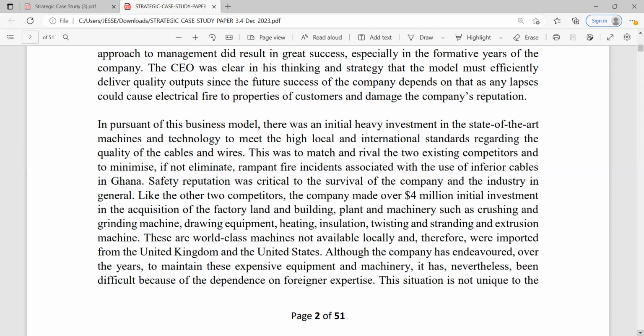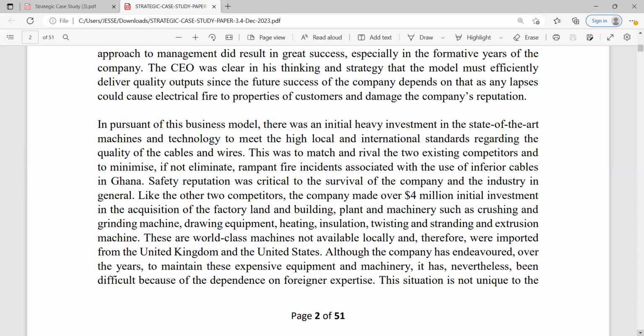So we are being told here that these are world-class machines and not available locally, and therefore imported from the UK and the US, right? So if they're imported from the UK and the US, they are most likely priced in pounds and dollars respectively. So we need to understand what the currency rates are, right? If the currency rates are bad, then it means that they are going to convert a lot of cedis to purchase this, right?